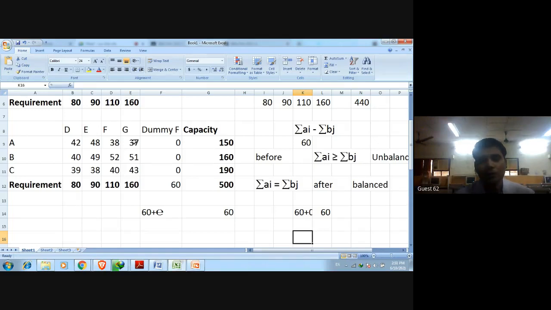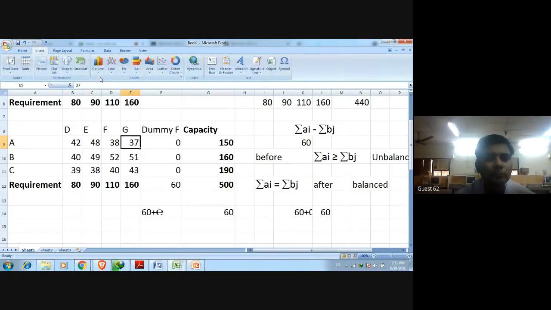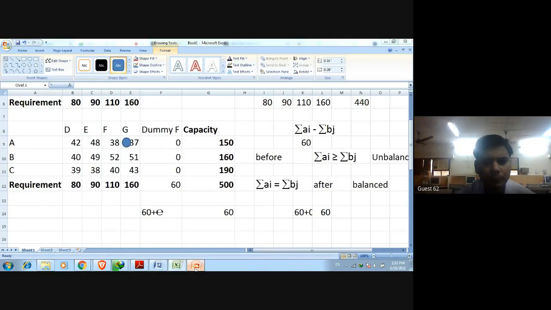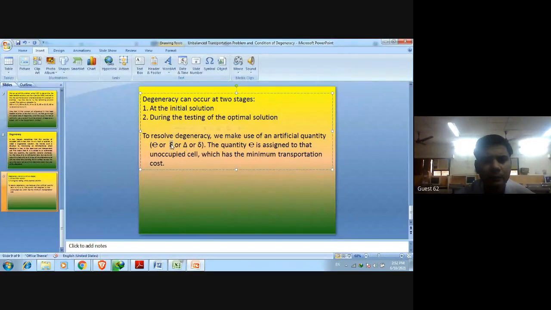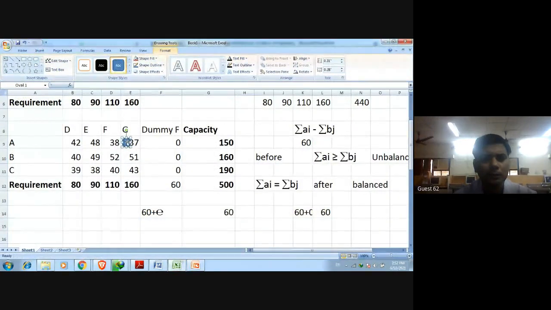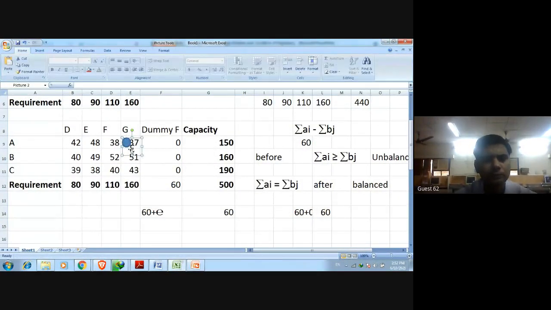Suppose there is no allocation in 37, then we will assign an epsilon. I am assigning epsilon. Oh, this has become bigger.